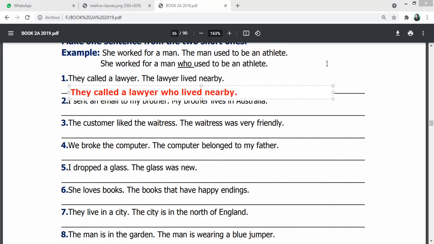Okay. They called a lawyer who lived nearby.